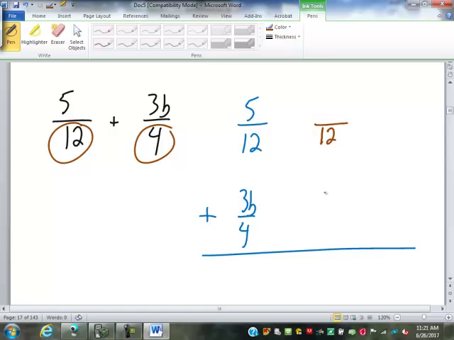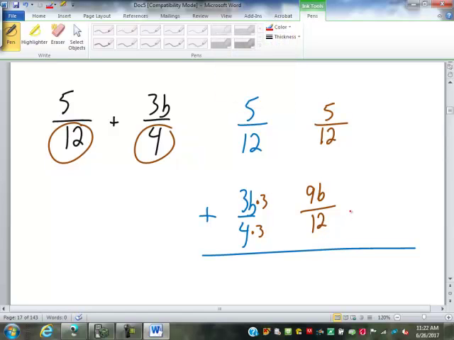It's 12. Sometimes one of your denominators is the least common denominator because 4 goes into 12. So the 5 twelfths just stays 5 twelfths. Down here, what did I have to do to the 4 to turn it into a 12? Multiply by 3. So the 3b has to be multiplied by 3 to make 9b.